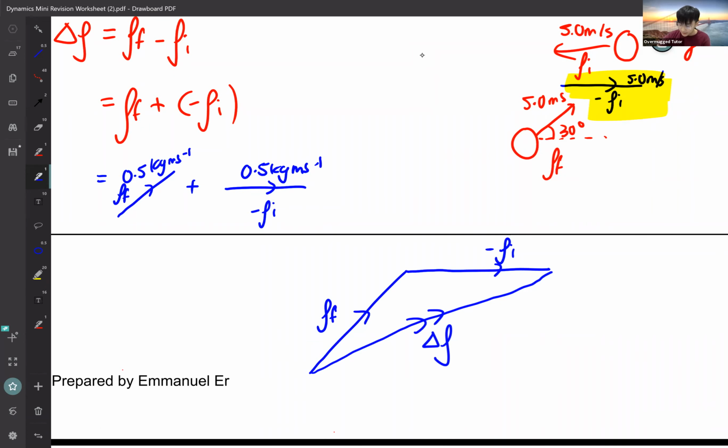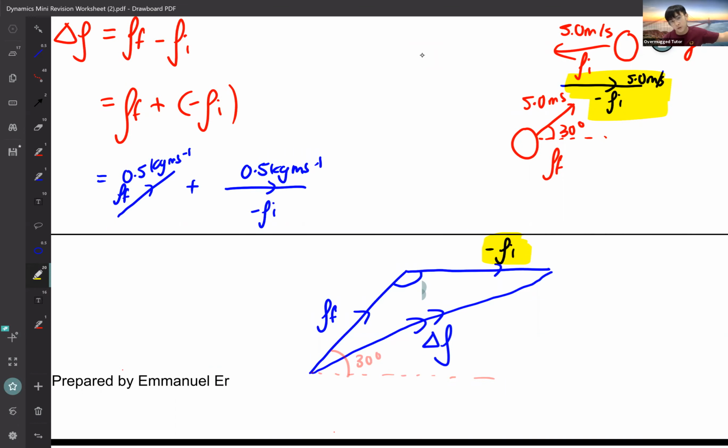So quick question, what is this angle here? What's alpha here? You can obtain it by considering that this was 30 degrees. You know that the final momentum is 30 degrees from the horizontal, and the negative of the initial momentum was also horizontal, because momentum initially was horizontal.